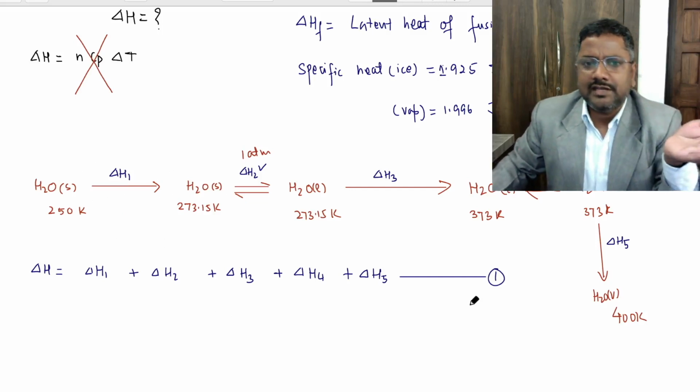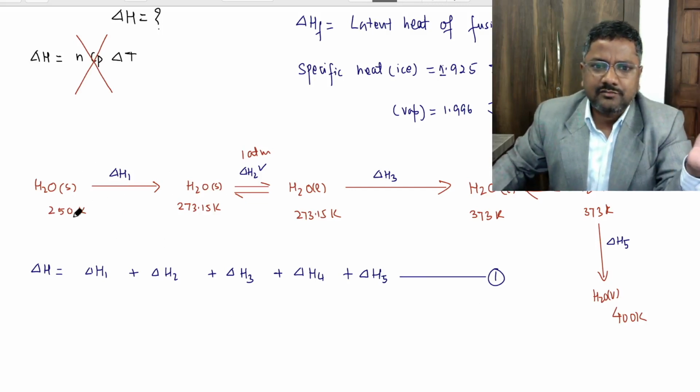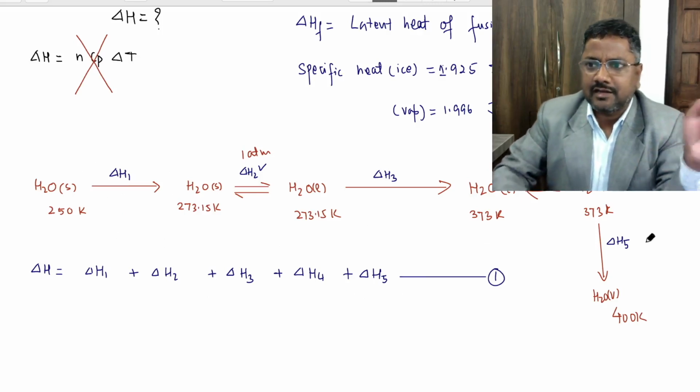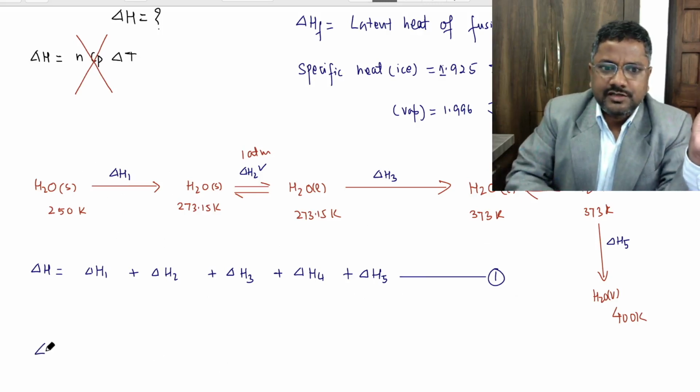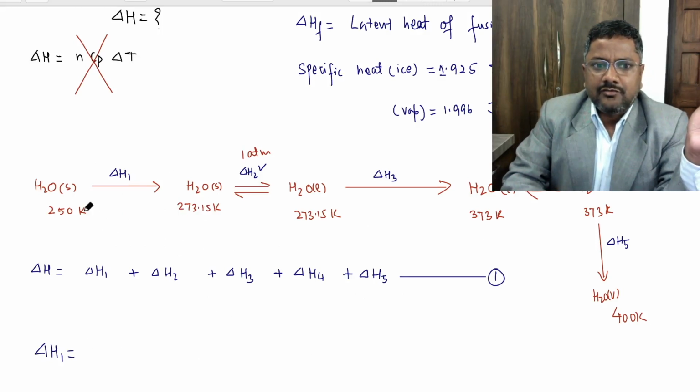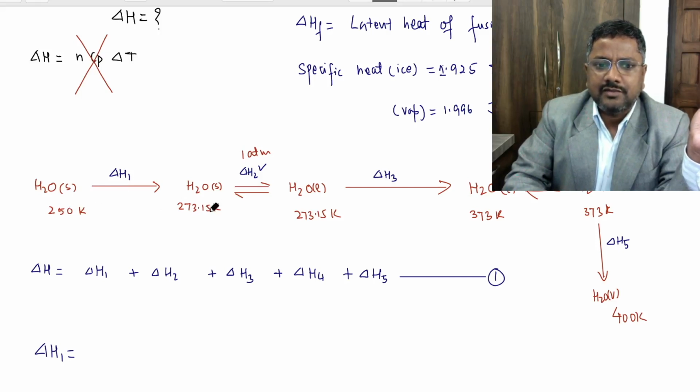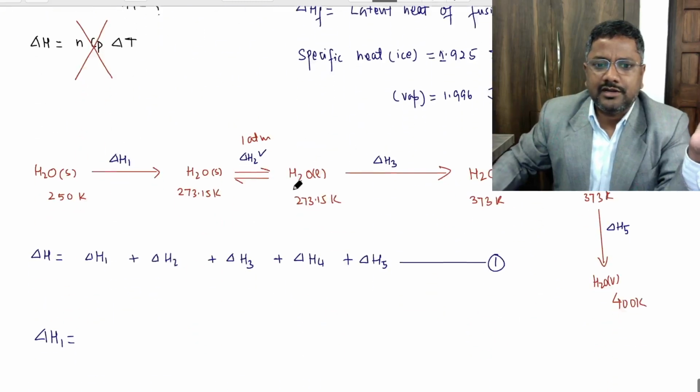So CP and CV, we assume they are independent of temperature. So from this heating to this heating, first I am calculating delta H1. We are heating this ice from here to here, and 1 mole we are taking.